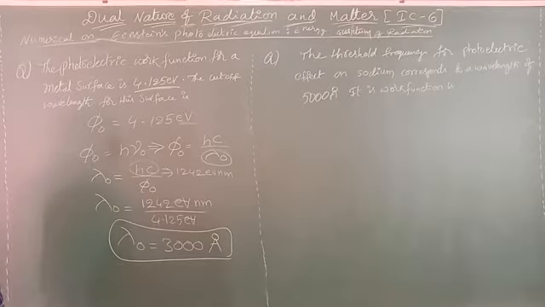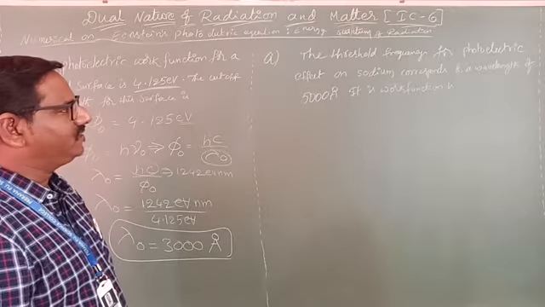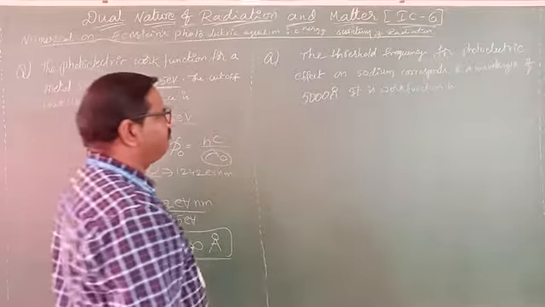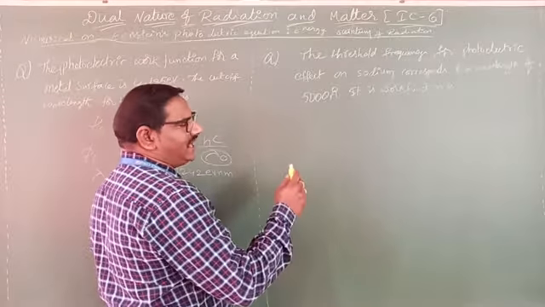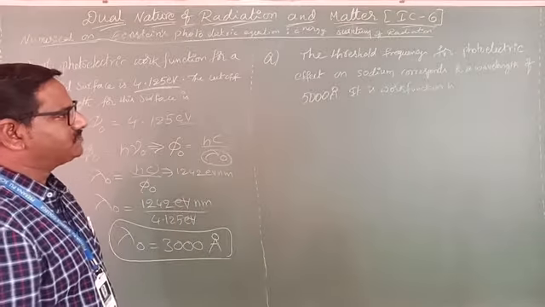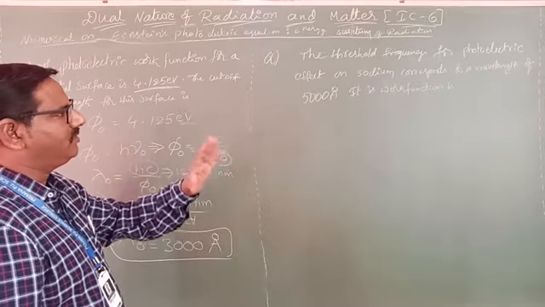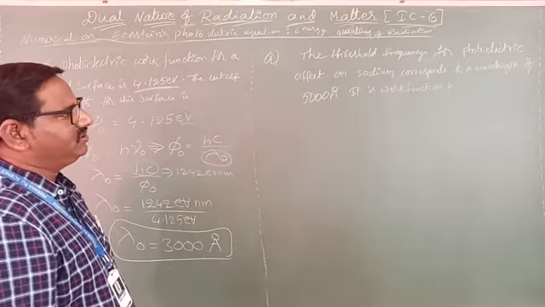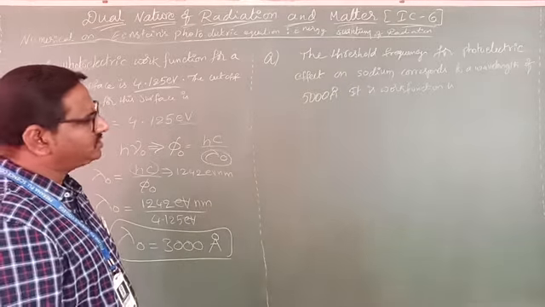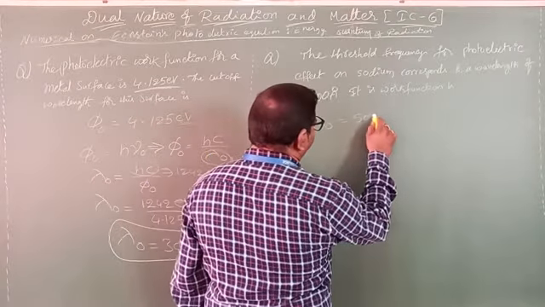Clear? Next one: the threshold frequency for the photoelectric effect of sodium corresponding to the wavelength of 5000 angstrom. They are asking the threshold frequency. The threshold wavelength they gave, lambda naught, is 5000 angstrom.